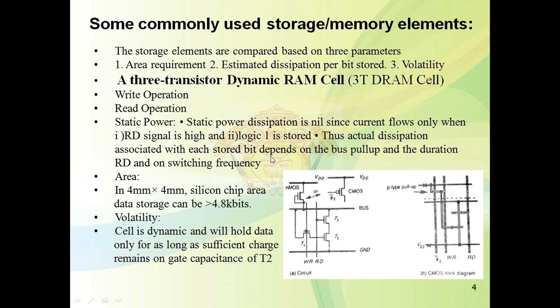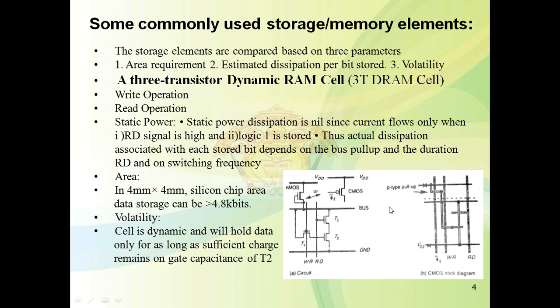Then we are going to compare. First of all, this is the circuit diagram for the NMOS 3 transistor dynamic cell, and if we replace the transistors with p-type transistors, it will be the CMOS 3 transistor dynamic cell.